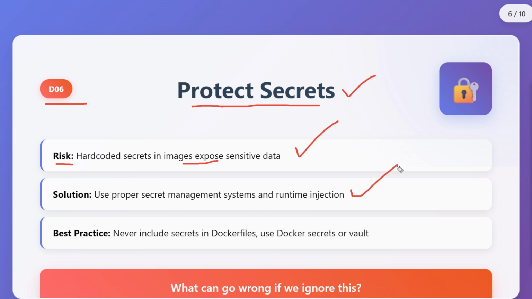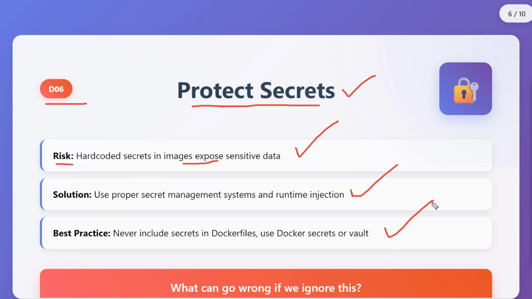Also inject secrets securely at runtime, so they are never stored in the image and cannot be accessed by others, and there is no unauthorized access.